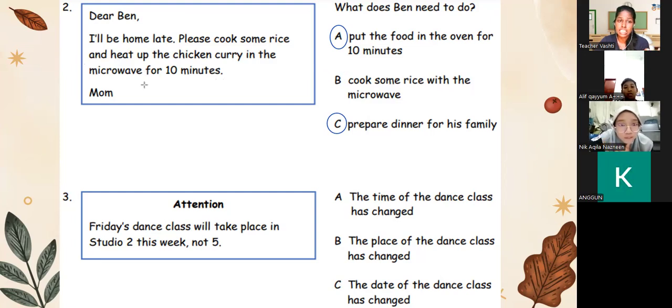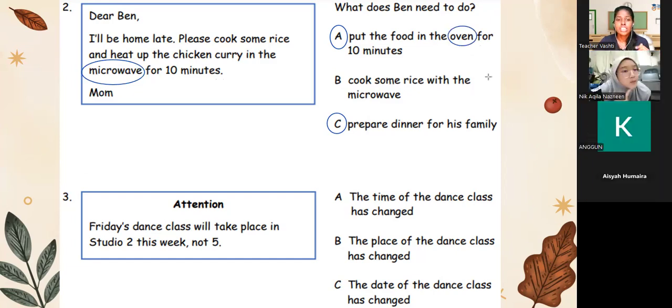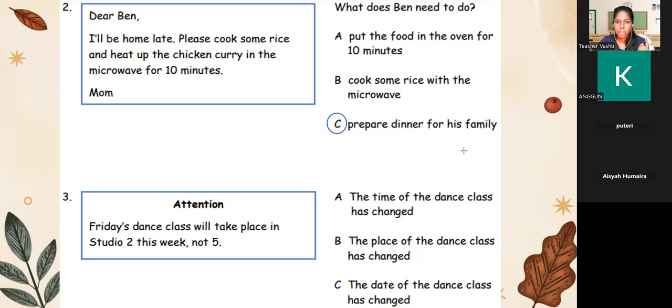Now, let's see. This is microwave and this is oven. Adakah perkataan yang sama? No. So, which means A is not the answer. The answer should be C. Prepare dinner for his family. Okay, answer is C.